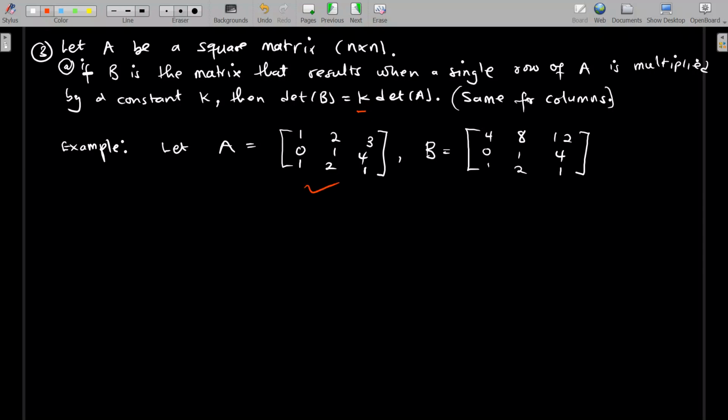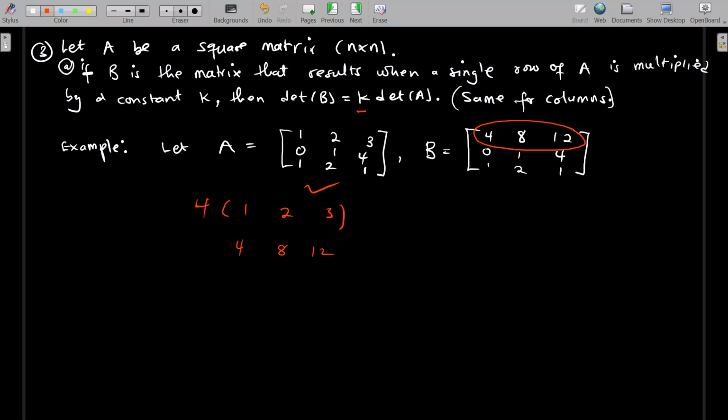If you look at the matrix B very carefully, you realize that B is formed when you multiply row 1 of A, the elements 2, 1, 2, 3, by 4, which gives 8, 4, 8, and then 12. So the first row of A is multiplied by a constant 4 to get the matrix B. Other rows are the same.